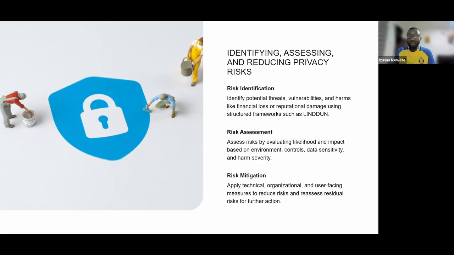So all these are what you need to put in place. Data subject access request process. There are a whole lot of them. We are just trying to touch base on each and every one of these. So very, very important.